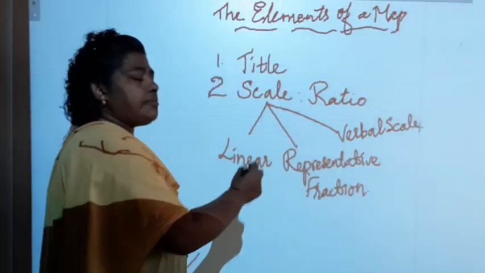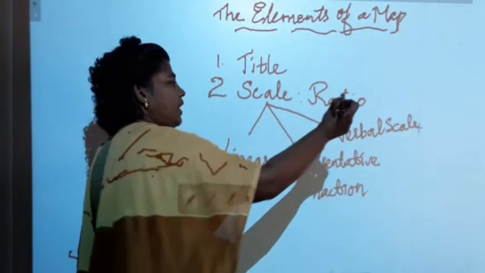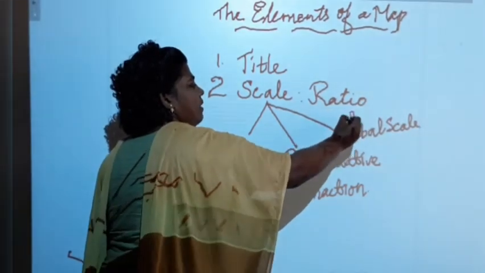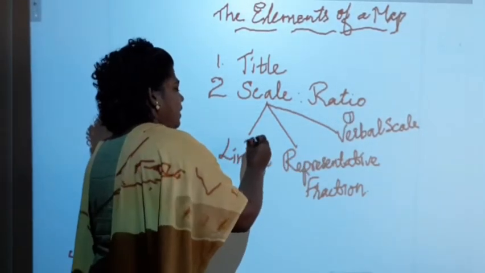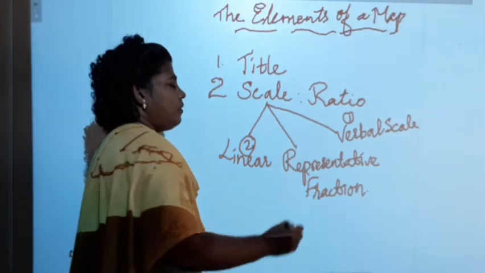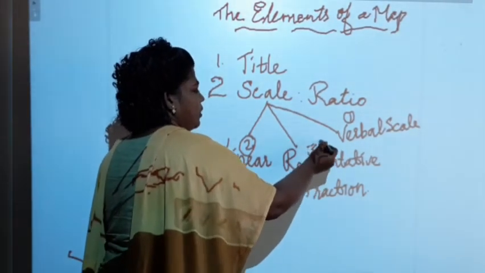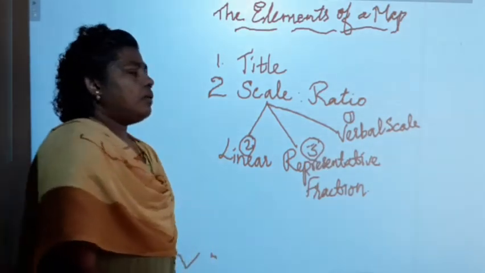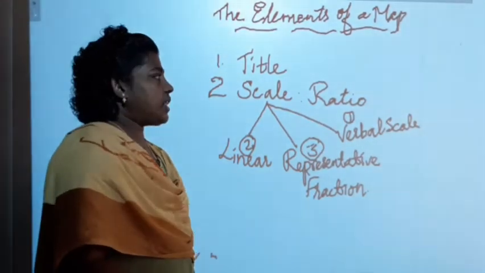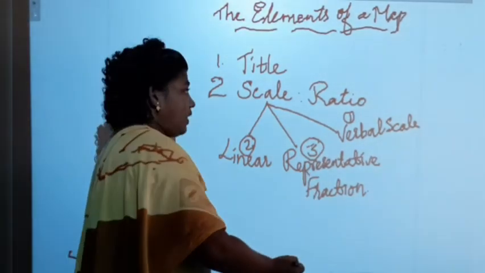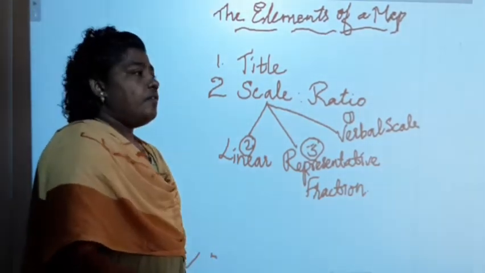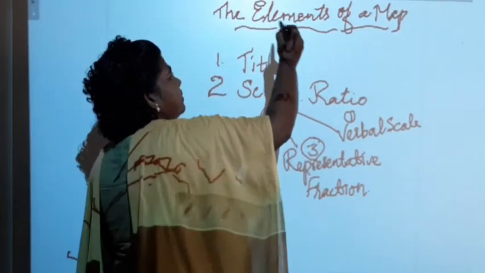What are the three types of scales? The first one is verbal scale, second one is linear scale, third one is representative fraction. Now, what is verbal scale?